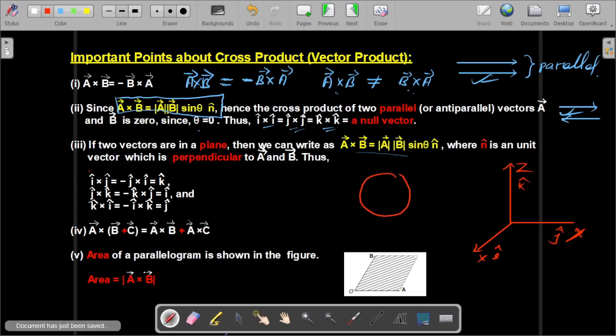Suppose you have three vectors I, j and k. This is I cap, j cap. In this case, if you multiply I and j, this is the positive rotation. You can assume like this. This is positive rotation and this is negative rotation.